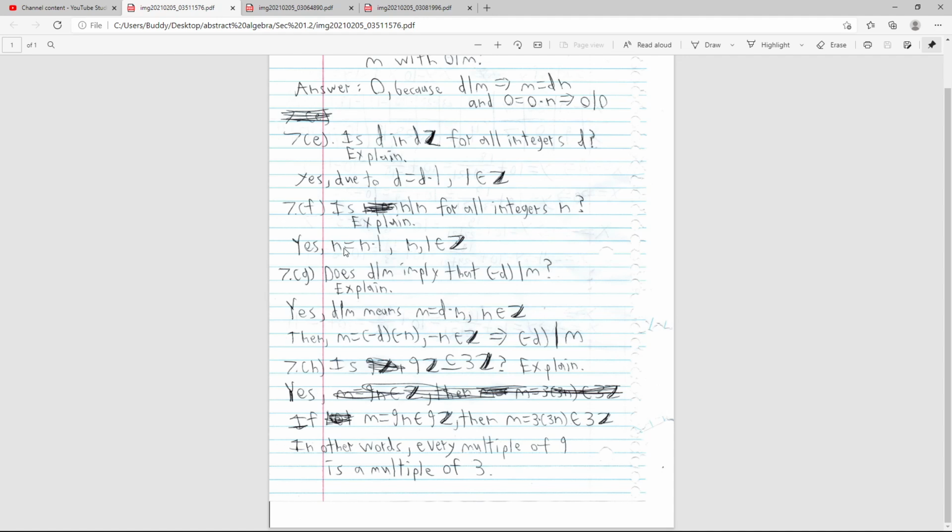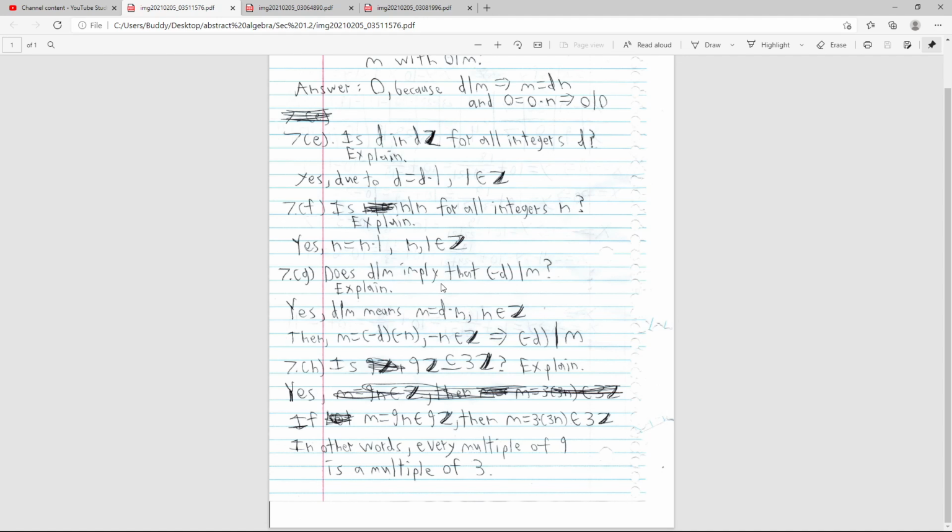Yes, n equals n times 1, and n and 1 are both in Z. It's the simple definition of a divisor and multiple that we use in this course.